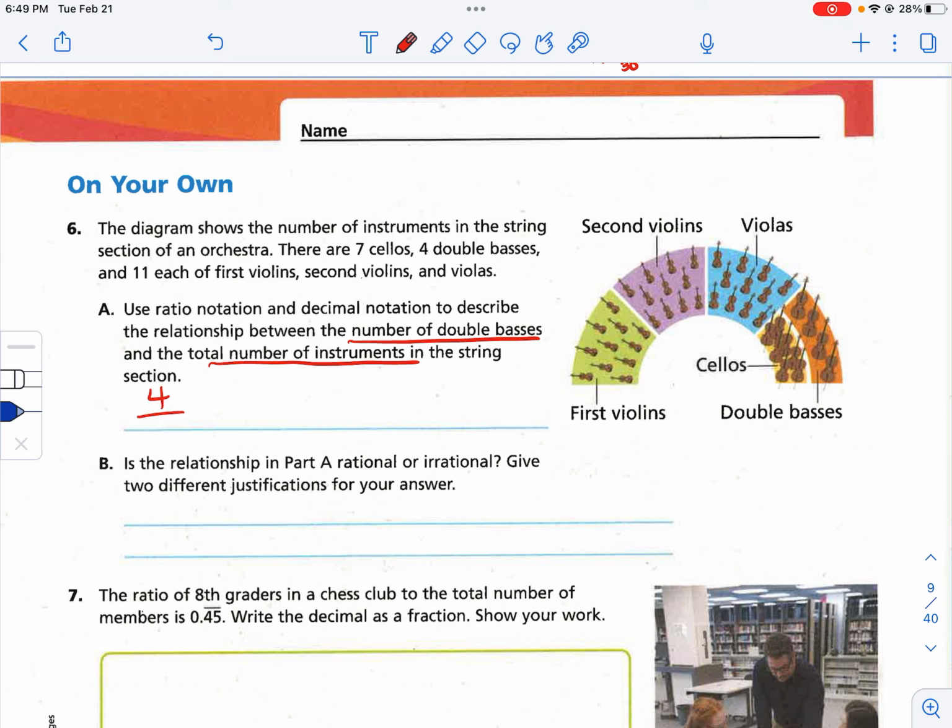Now we have to decide how many we have of each. So I have 7 cellos, 4 double basses, I have 11 times 1, 2, 3, so that's 33. That will get me 44. So that is 1/11th.